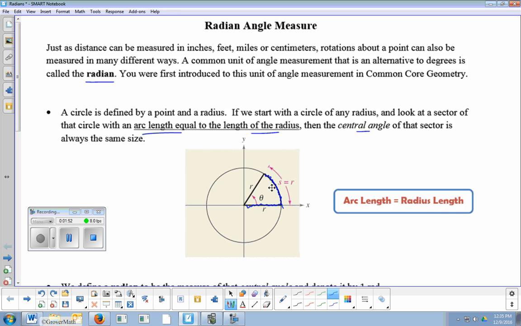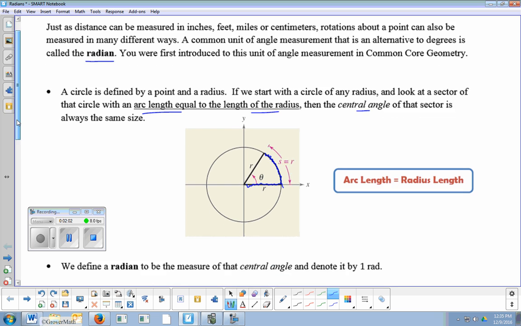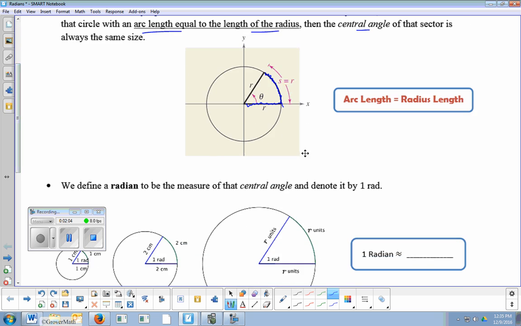No matter how big or small a circle is, if you were to cut a slice of the arc that's equal to the radius, it's going to be this shape. And so radian is just a way of measuring the angle in terms of how much arc it has relative to its radius. So no matter what, I can draw a very sloppy angle here and say that this arc length is two of these.